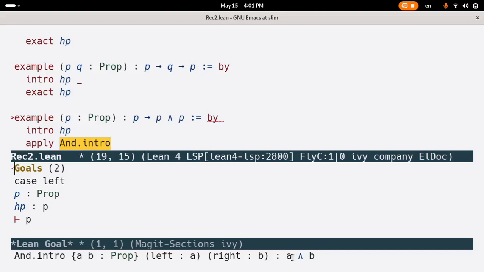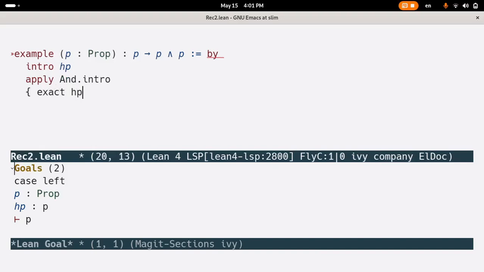What happened is it unified A and B with the goal P and P. If you look at the hypotheses required by And.intro, we need a proof called left, which is a proof of A, and a proof called right, which is a proof of B. This corresponds to the two remaining goals.